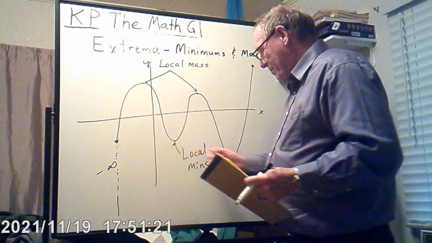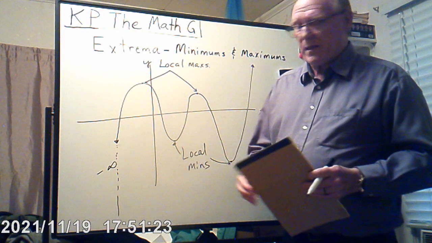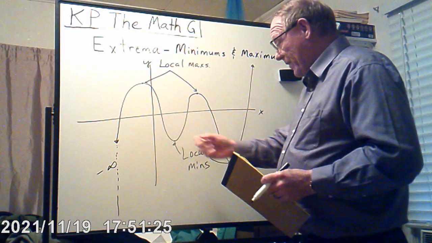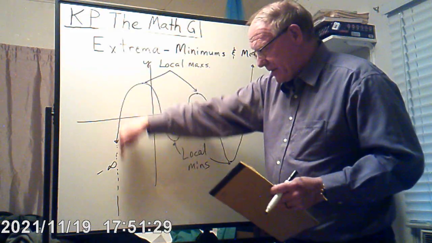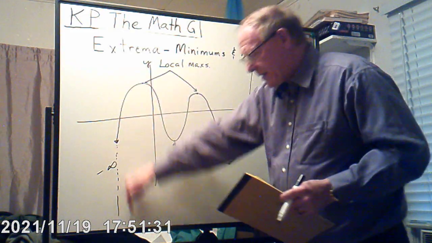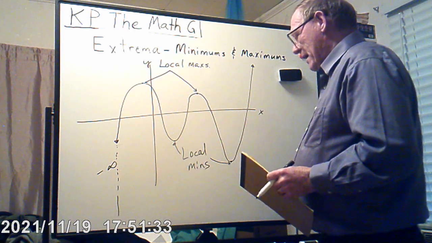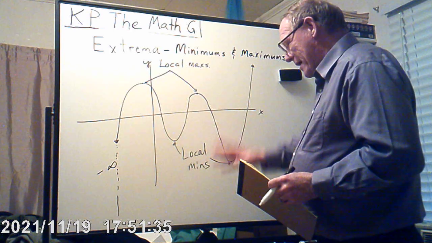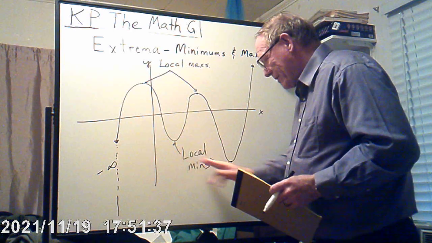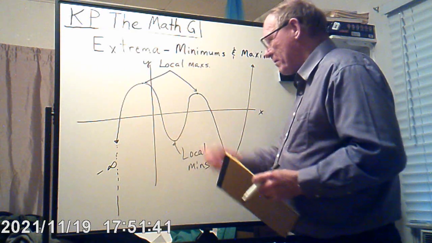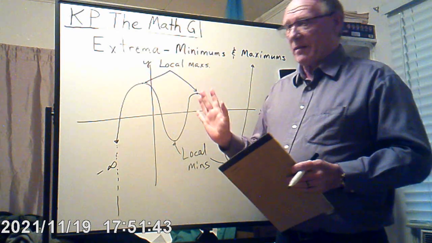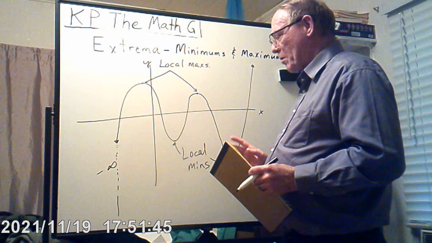So these have to be local mins, because they're not the lowest points on the graph. There's points here that go forever this way. There's not an absolute minimum, it's just a local minimum. I'll talk a little bit about the difference between those two in just a moment.